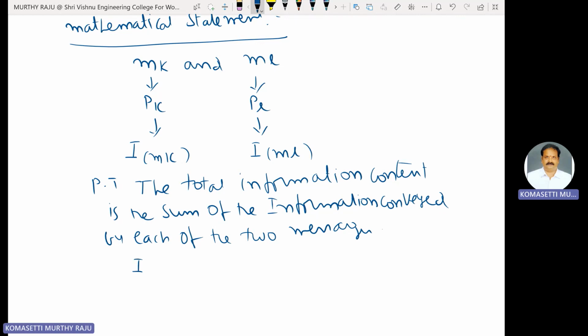This is in mathematical form. The total information content I of M of K, M of L is the sum of the information conveyed by each of the two messages. Information content of M of K is I of M of K. Information content of M of L is I of M of L. So it is I of M of K plus I of M of L.